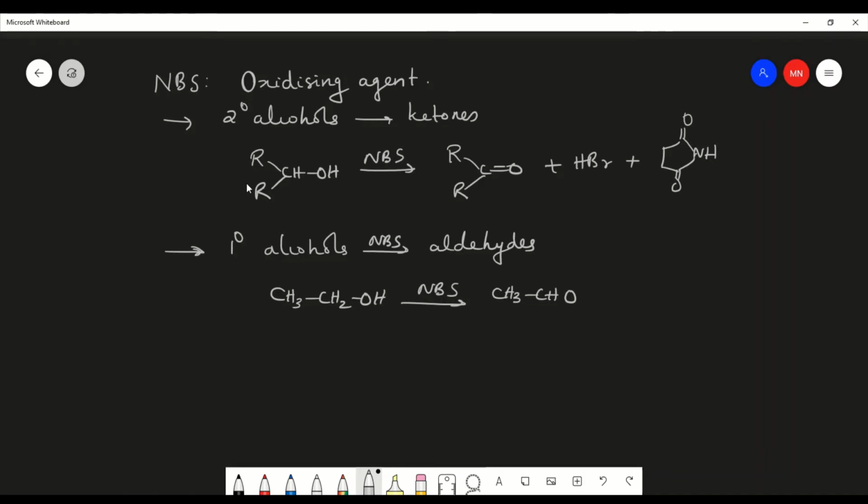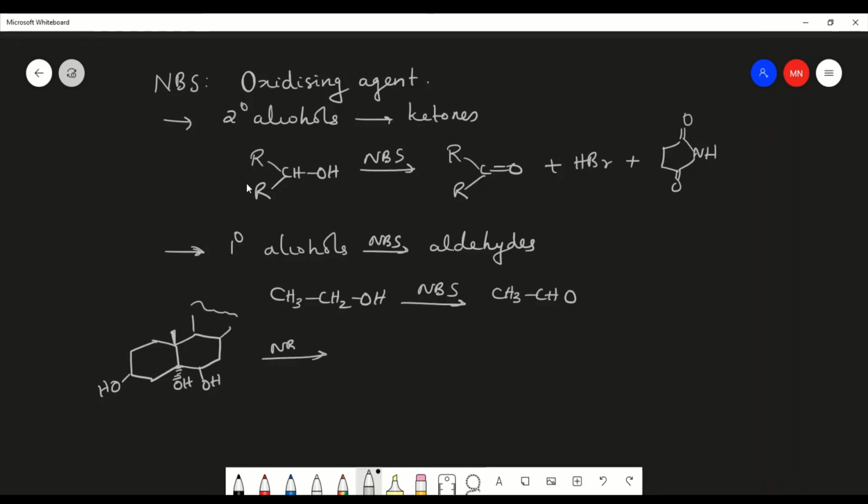In certain cases, NBS acts as a highly selective oxidizing agent. For example, if you have a cholesterol molecule, it's a polycyclic compound actually. Suppose this ring will be expanding, and here you will be having a methyl group, and here an OH group, and here a secondary alcohol OH group, and here also an OH group. Okay.